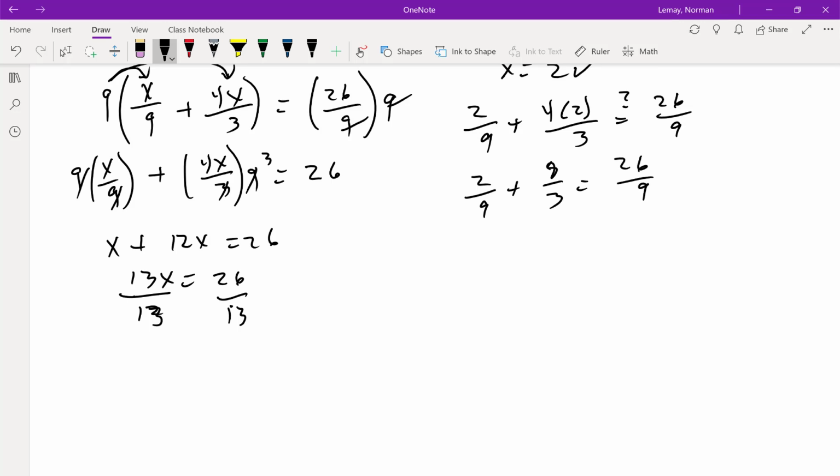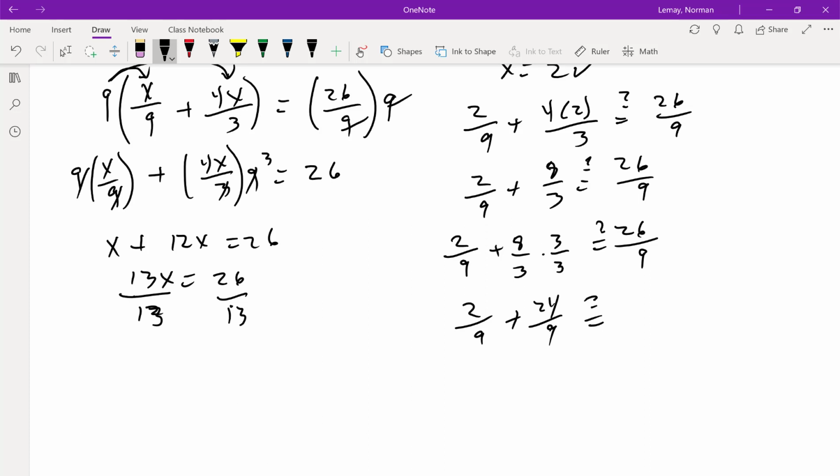So notice to add these two fractions on the left, we need our common denominator. And let's just observe that if we multiply the bottom by 3, the common denominator is 9. So we multiply top and bottom by 3. So here we get 2 over 9 plus 24 over 9. And again, we want to verify this, 26 over 9. And notice that 26 over 9 does in fact equal 26 over 9.